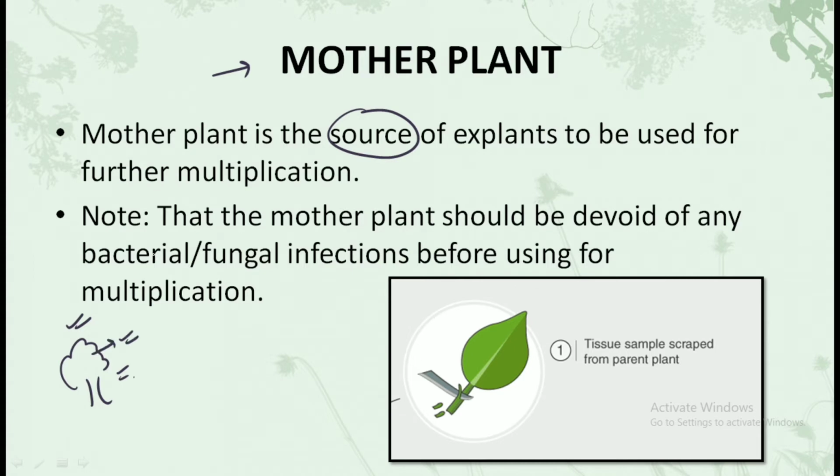One important point to remember is that the mother plant should be devoid of any bacterial or fungal infection before using it for multiplication. That is, the plant should not be infected with any type of infection in order to produce pure and healthy plants at the end of our experiment.